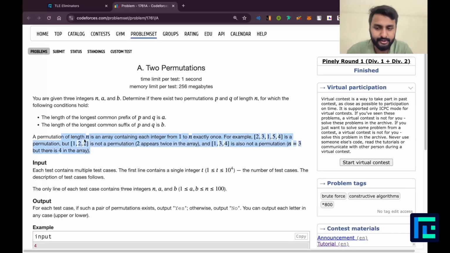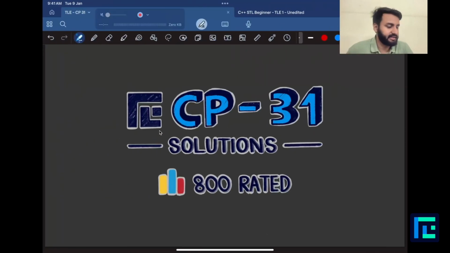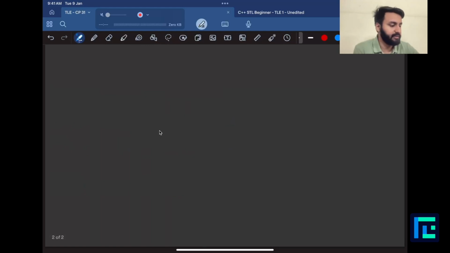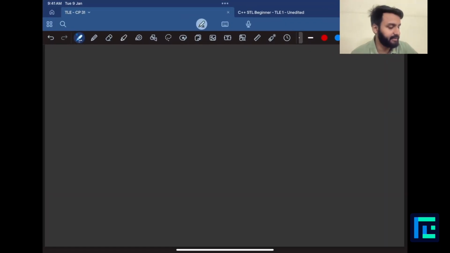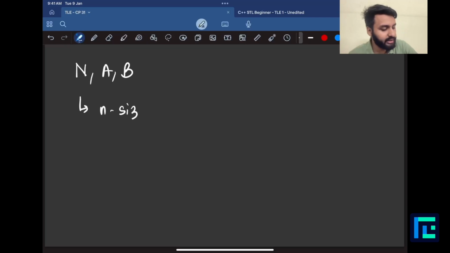Then they have explained permutation over here, but let us take this in a generalized way and see what we mean. We have been given these 3 variables, n, a and b. What is the representation when it comes to n? N is basically saying that I want an n sized permutation. The question is, what's a permutation?